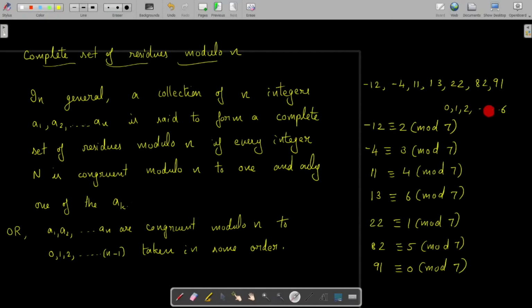Actually, 0 to 6 are the integers we obtain when we divide any integer by 7. These are the possible remainders. So this set of integers gives exactly the remainders 0, 1, 2, etc., 6 in some order when divided by 7. Therefore, these integers are called a complete set of residues modulo 7.